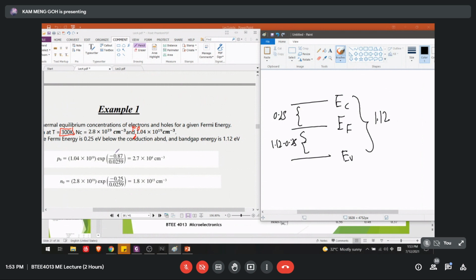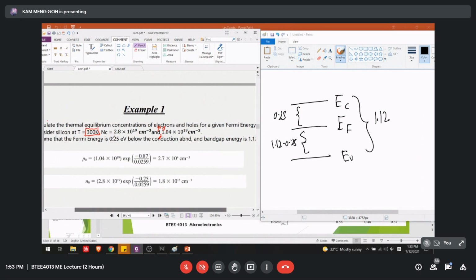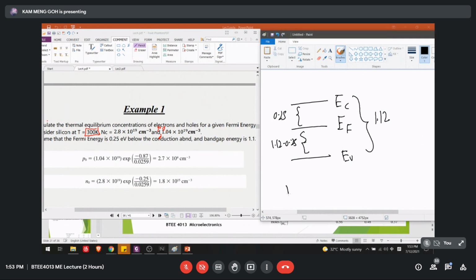So he asks you to find the electron and the hole concentration, which is n0 equals NC exponential minus (EC minus EF), 0.25, over kT. Since the above one is using eV, the below one must be using eV.